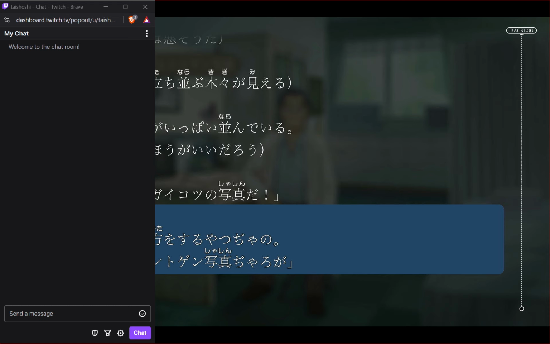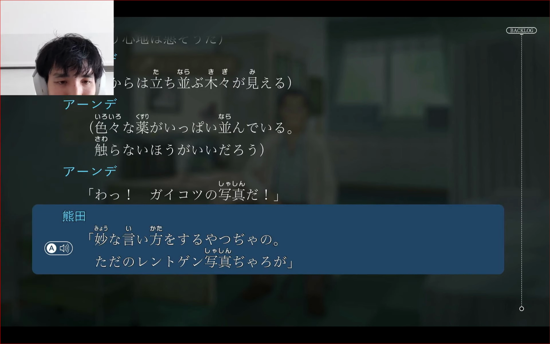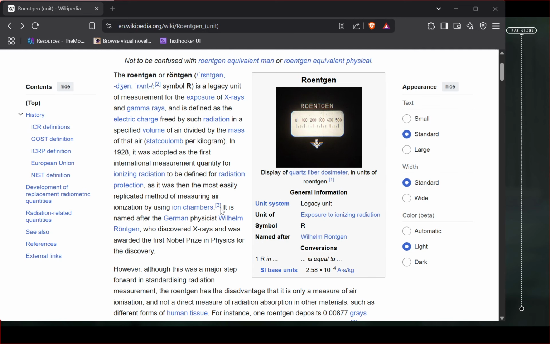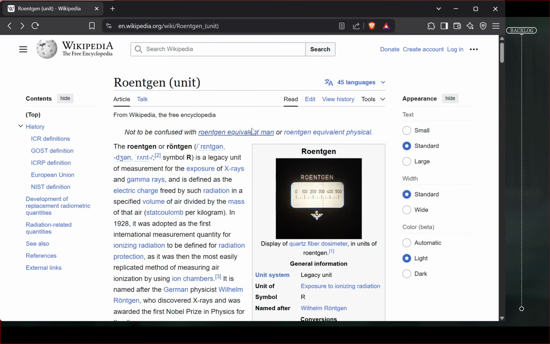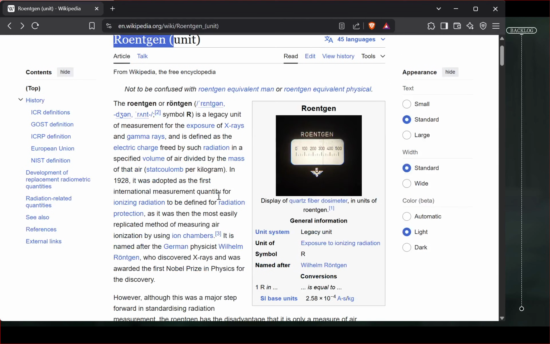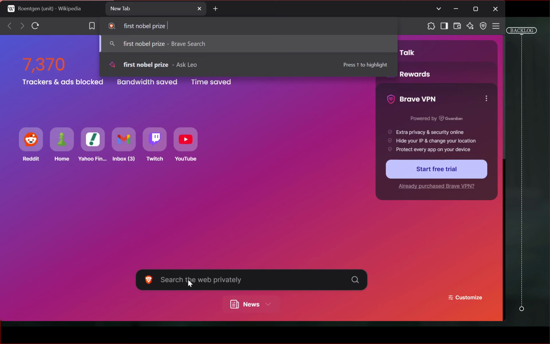Obviously, this is not important, and this is not helping us learn Japanese, but yeah, this is Röntgen, named after the German physicist Wilhelm Röntgen, who discovered X-rays and was awarded the very first Nobel Prize in physics, like ever.